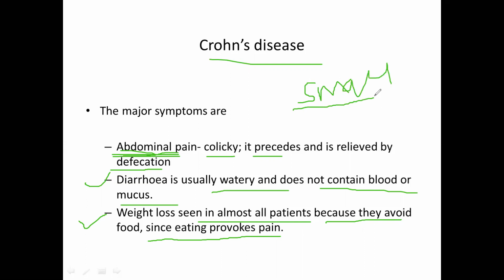If there is inflammation in the small intestine, there will not be proper absorption. So that may be a reason for weight loss. And secondly, if there is inflammation, dietary antigens will usually provoke the pain. Because of this pain, the patient will avoid food, and because of this, the patient may have weight loss.